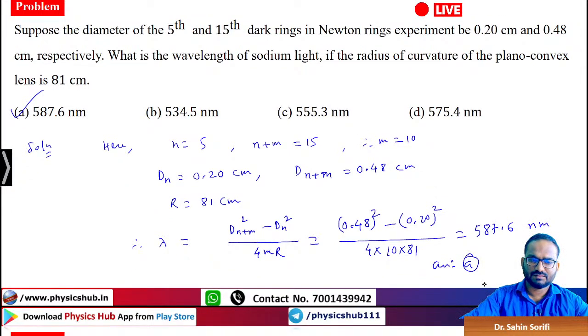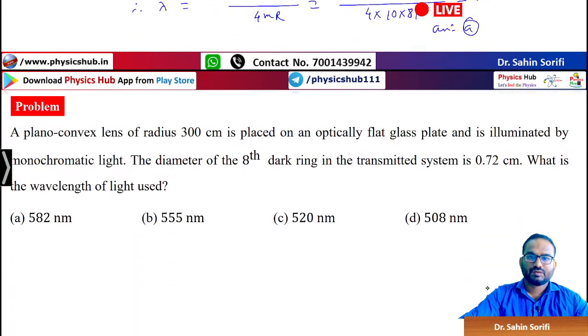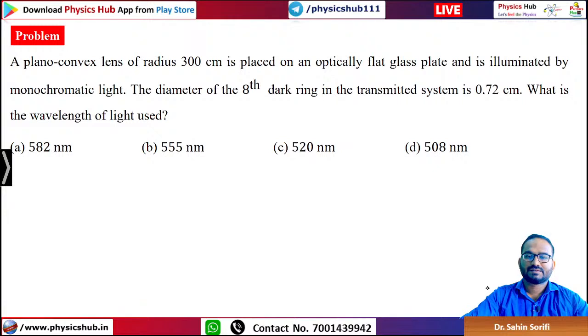One last question we'll do, then we'll wrap up the session. We are already late. A plano-convex lens of radius 300 centimeter is placed on an optically flat glass plate and is illuminated by a monochromatic light. The diameter of the 8th dark ring in the transmitted system is 0.72 centimeter. What is the wavelength of light used?